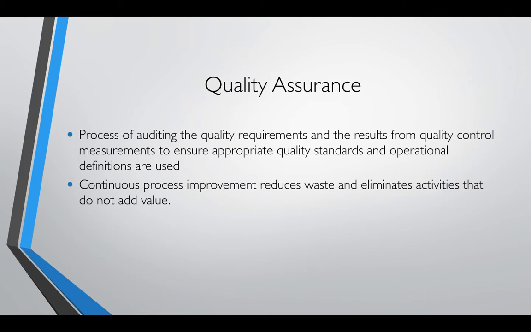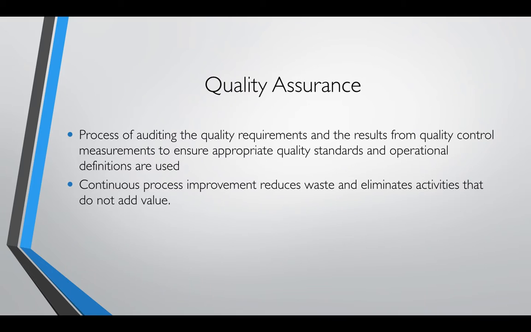So now we're going to define what is quality assurance. Okay, so quality assurance is the process of auditing the quality requirements and the results from quality control measurements to ensure appropriate quality standards and operational definitions are used.